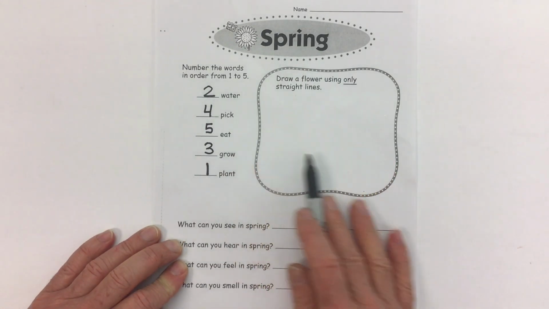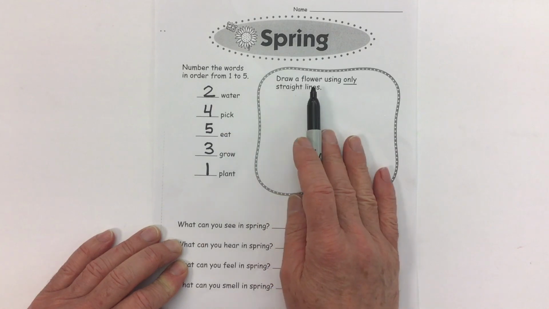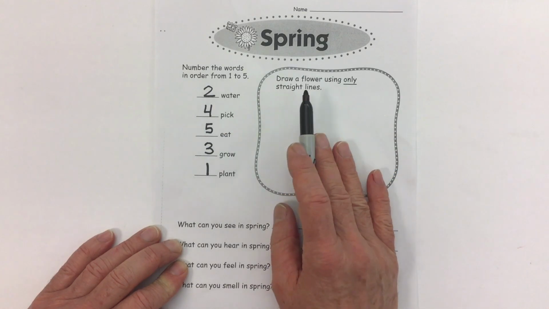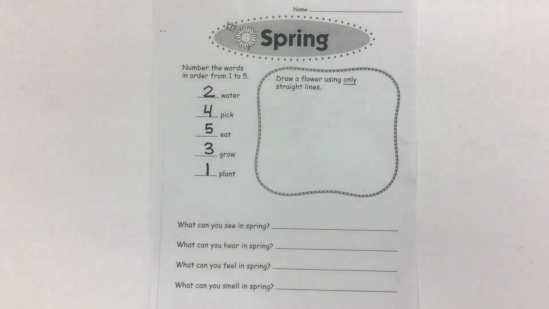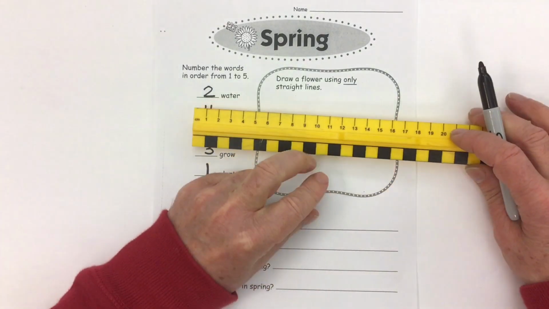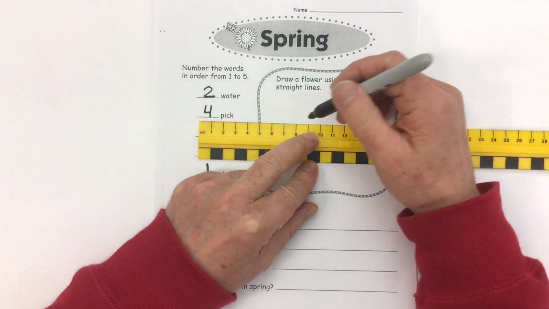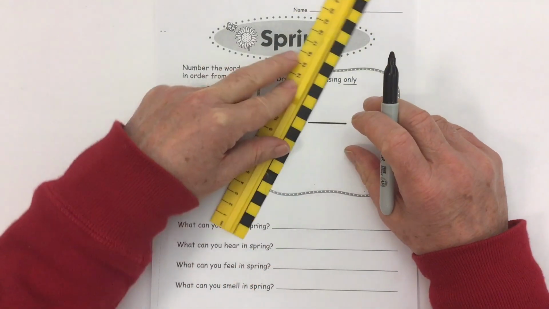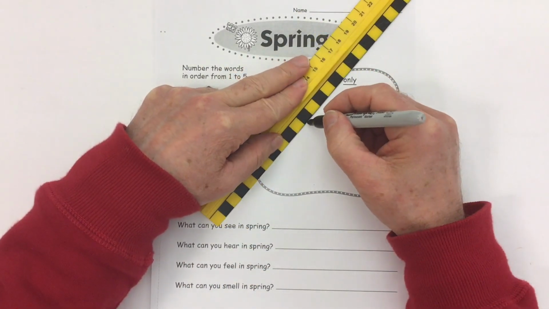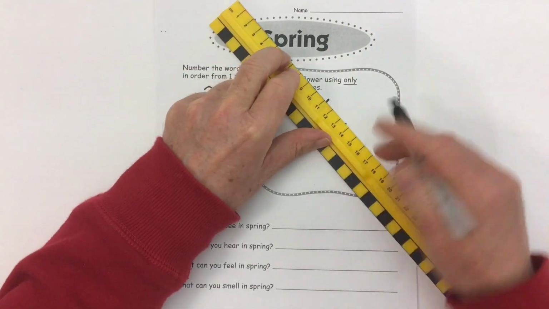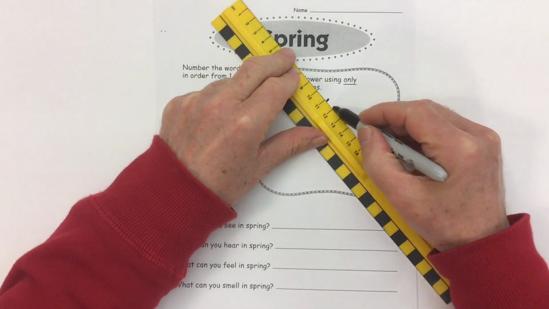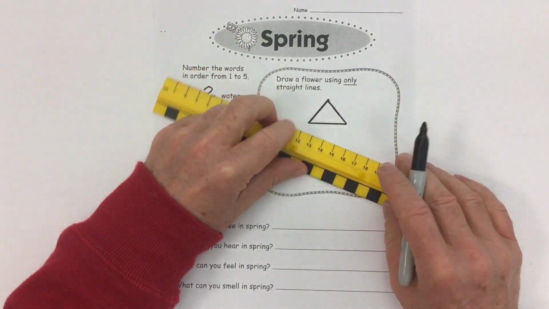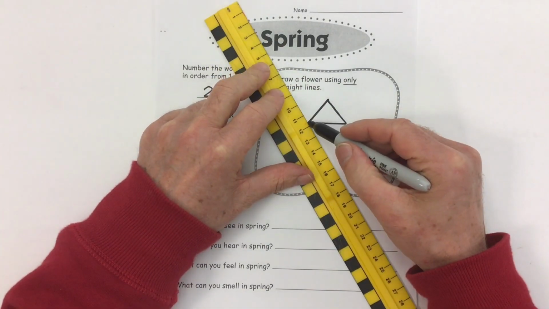We have to do a drawing in this box. It says, draw a flower using only straight lines. Well, I've got my ruler here. I was thinking maybe what I could do for my flower is I could draw a triangle. Because a triangle has only straight lines. And then maybe I could draw another triangle.